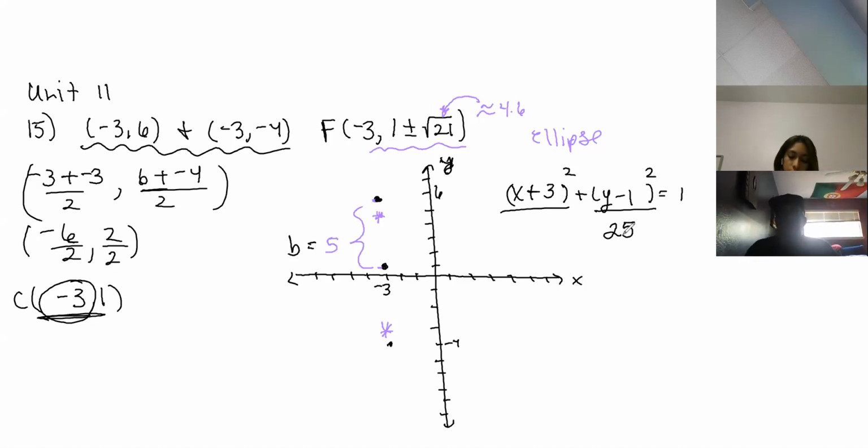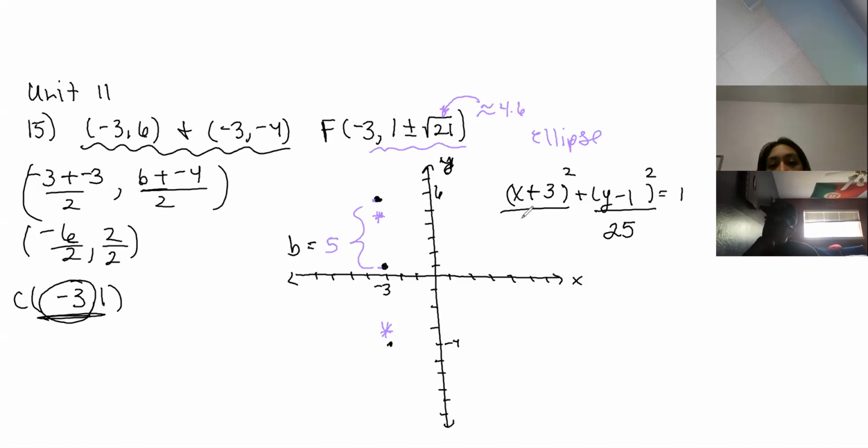Before I go any further, any questions on anything that I've done so far? Any thoughts on how I'm going to find this number here? It's okay if you don't remember.